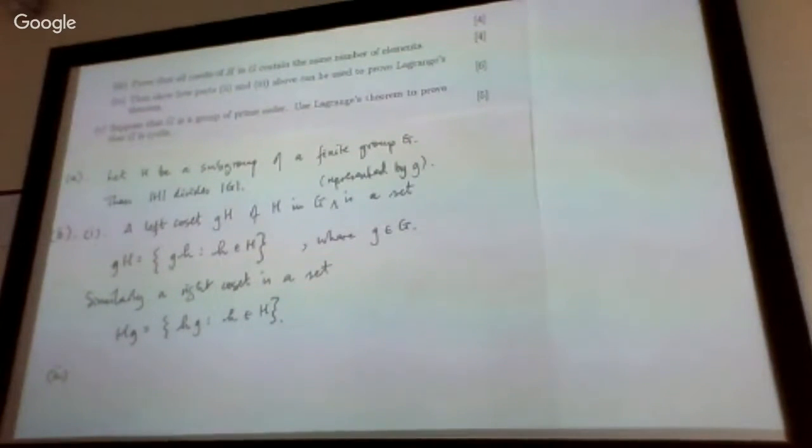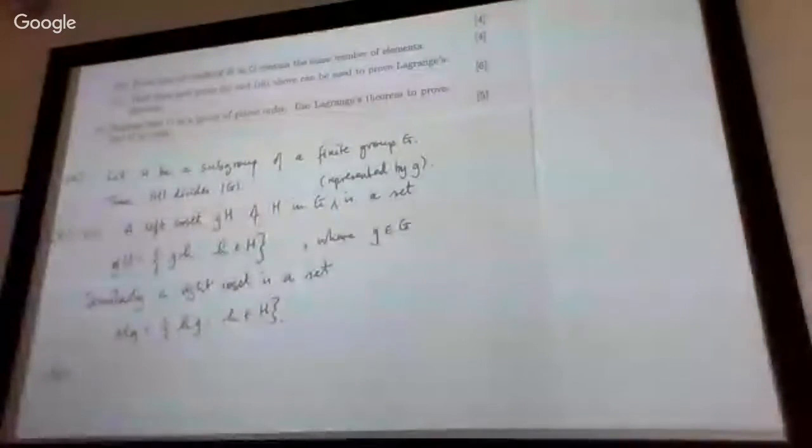Okay, so now it's starting to ask for a little bit of proof. We're looking at two cosets, so we're focusing on left cosets now, and it's asking us to prove they're either equal or disjoint.